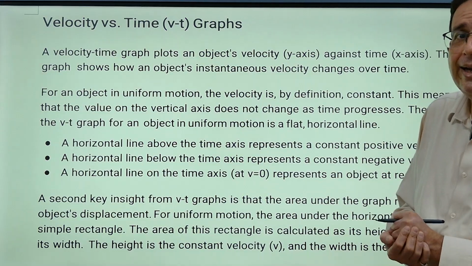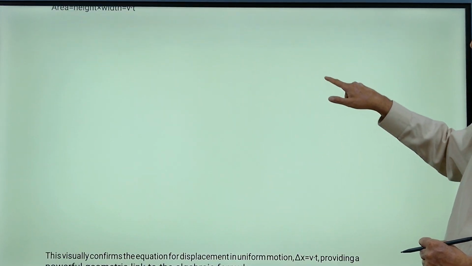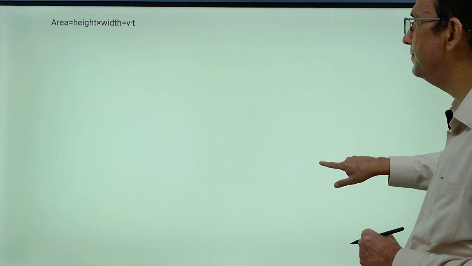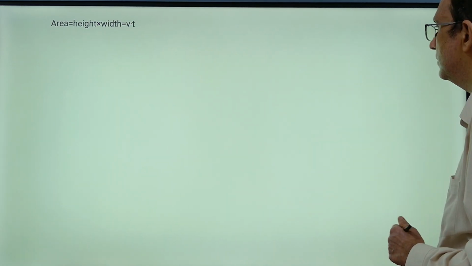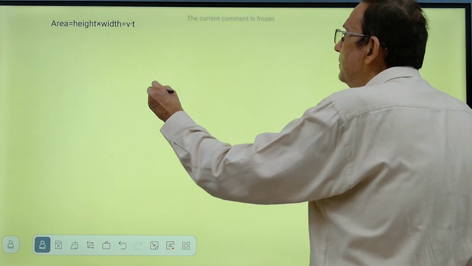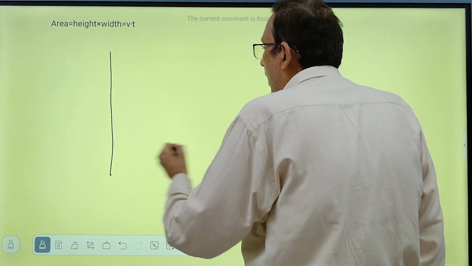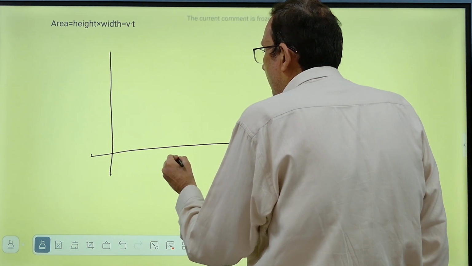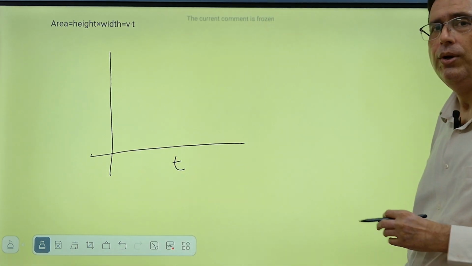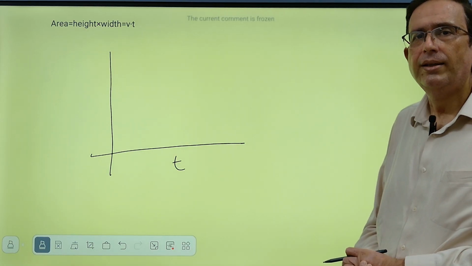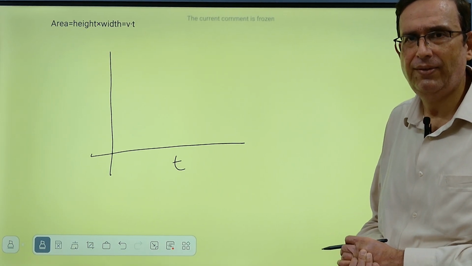Okay. Second thing is, let us talk about the two things. So here you have, let us say, a position time graph, and I've already told you in the position time graph, the slope of the graph tells you the velocity of the graph.